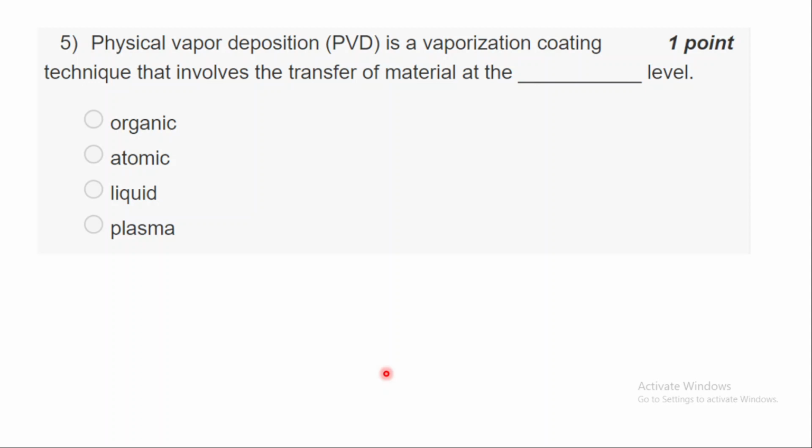Option A, organic. Option B, atomic. Option C, liquid. Option D, plasma. PVD is a vaporization coating that involves transfer of material at which level? Basically, is it at the organic level, atomic level, liquid level, or plasma level?